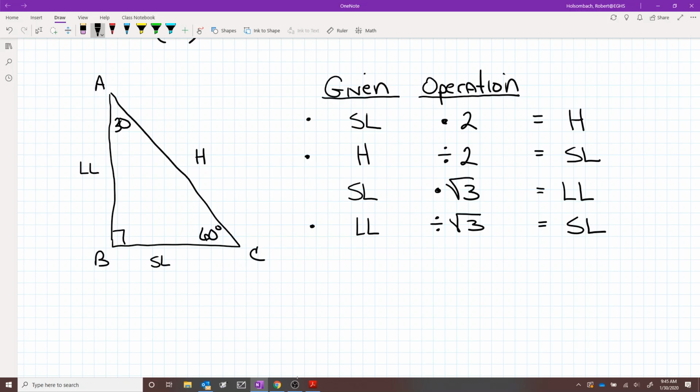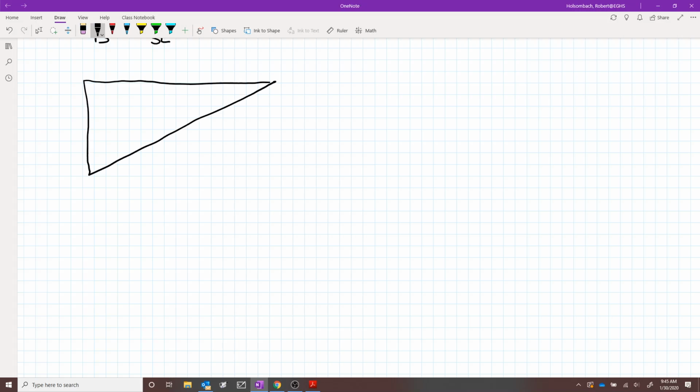So now, we're going to take one more triangle. Let's rotate this one a little bit. Here's your right angle. We'll call this one XYZ. Here's our 60.